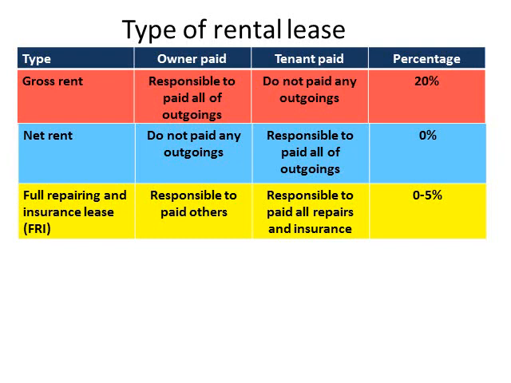Some theories mention that the full repairing and insurance lease, the FRI, is actually a net rental. So it depends. You can assume that the owner needs to pay about 5% of the outgoings for FRI, but you can also assume 0%, because there is a theory mentioning that FRI is also known as net rental. So it depends.